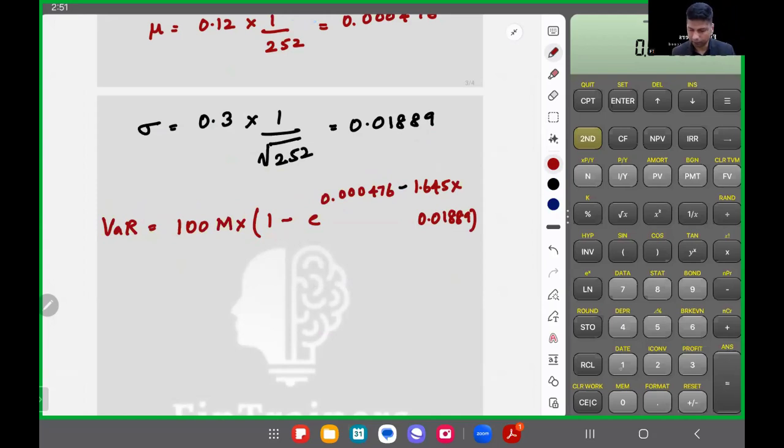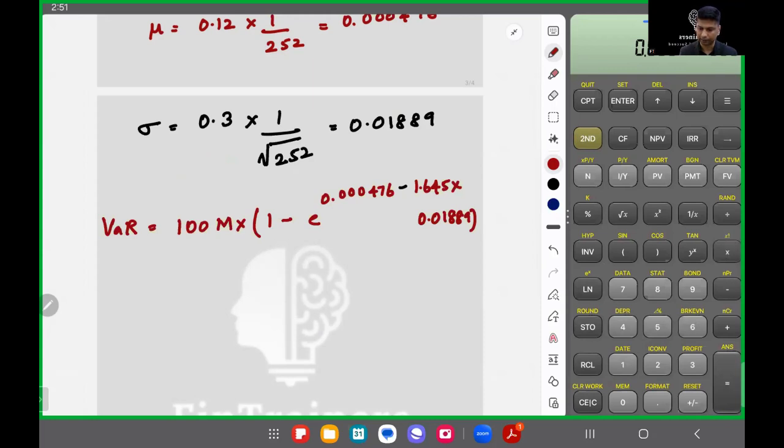So I want to do that, 1.645 multiplied by recall 2, store this in another memory slot. Now, recall 1, which is my mean, minus that value we stored, and that is giving me minus 0.03. I want to again store this in one more memory slot, and then we're going to take e to the power of that, again store this in one more memory slot. 1 minus recall that, and that is giving me 0.03014.